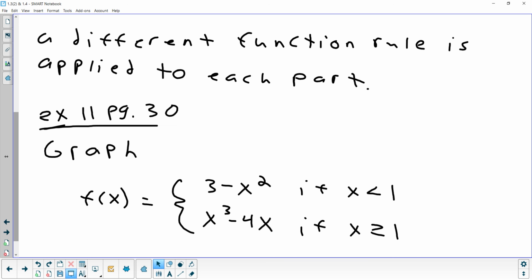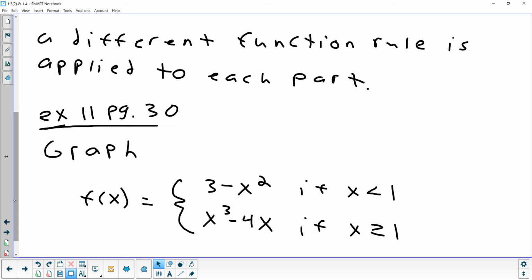And then to values greater than or equal to 1, we're going to apply x cubed minus 4x. So now if you gave me a value to plug in, let's say you said 5, I have to think which one to use. I say, okay, 5, no, 5 is not less than 1. 5 is greater than or equal to 1. Okay, I'd use the bottom.